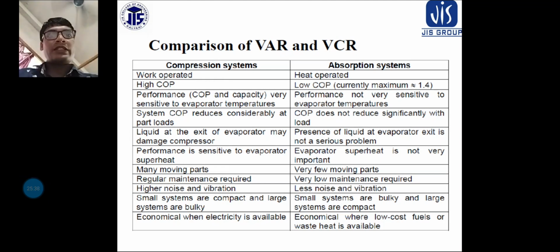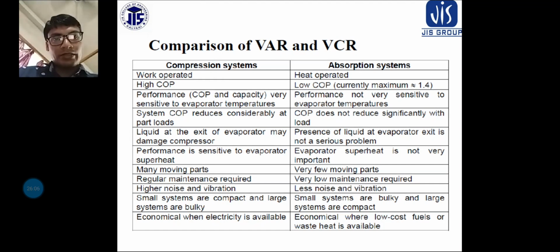In the compression system we use condenser, expansion valve, evaporator and compressor, but in the vapor absorption system we use a solution pump. So the only moving part is the solution pump, not a compressor, and the rest has no moving parts. So very few moving parts can be observed here.